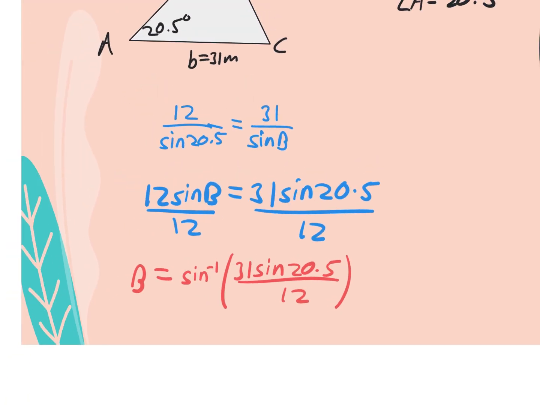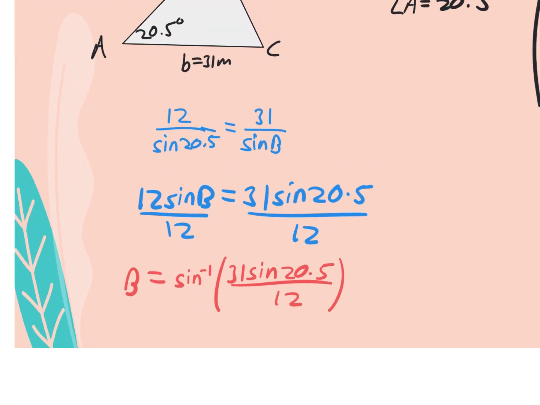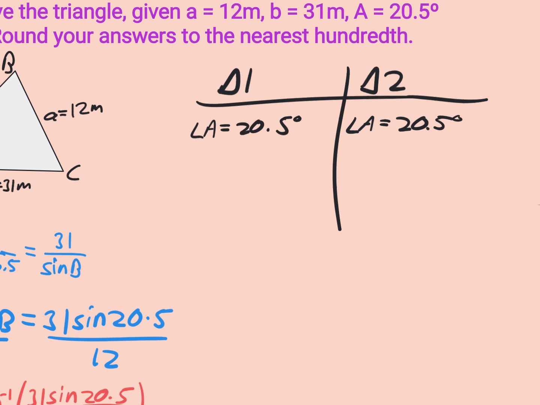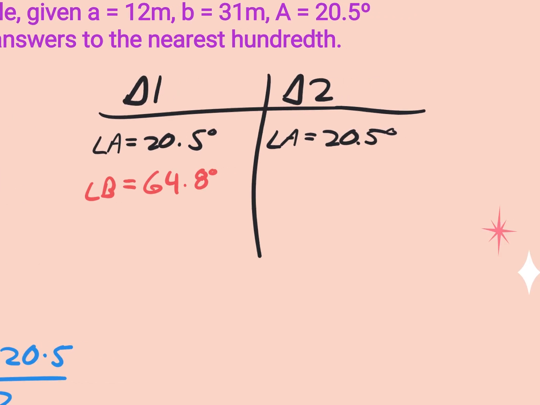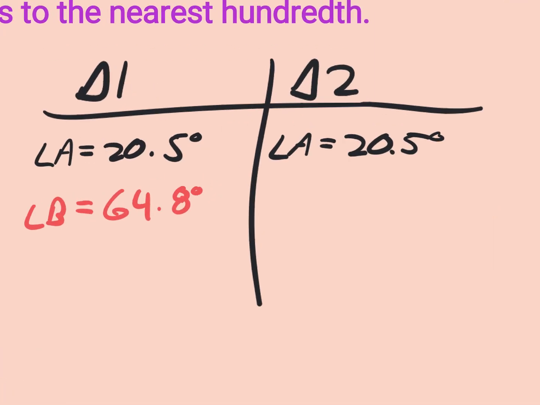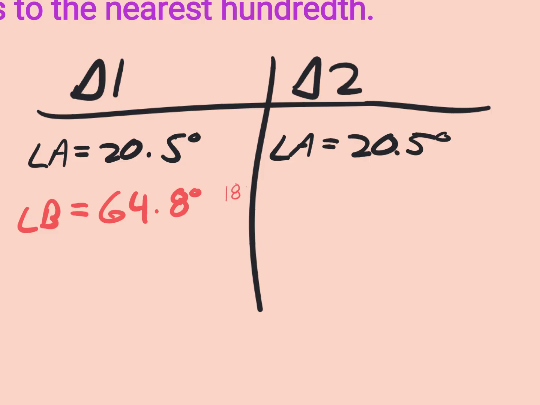I know it says hundredth, but let's round to 1 decimal place. What does that get us? Good, so we should get 64.8. So since we do have a triangle here, do you remember what the test was on this side? Good, right? So let's do 180 minus that number that we just found. 180 minus 64.8 and see what that gets us.